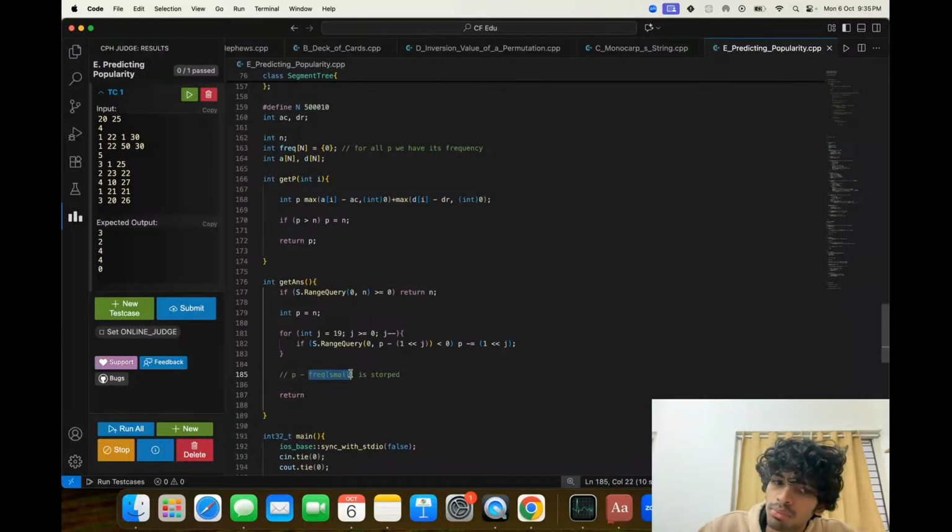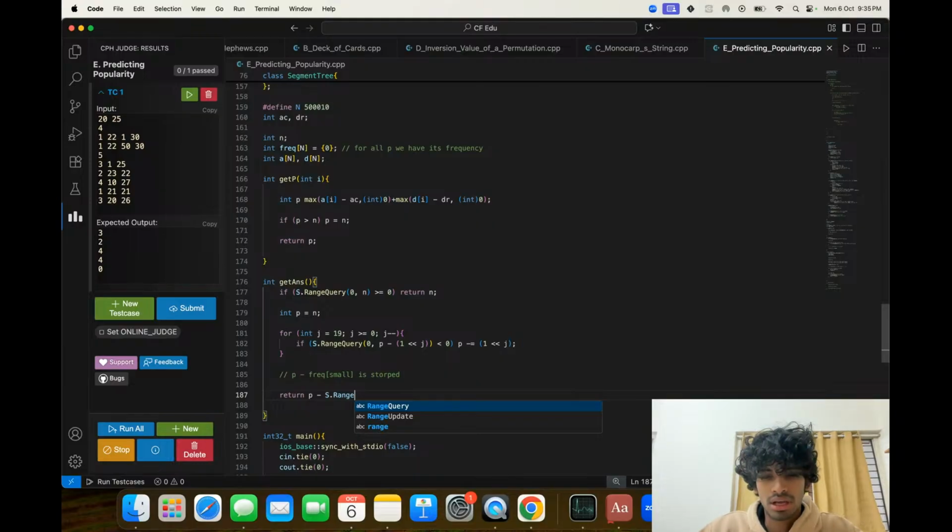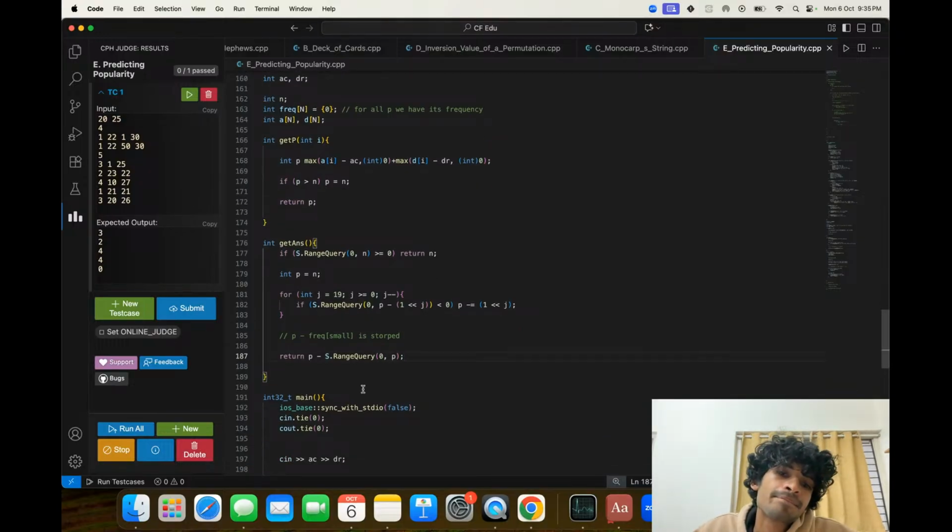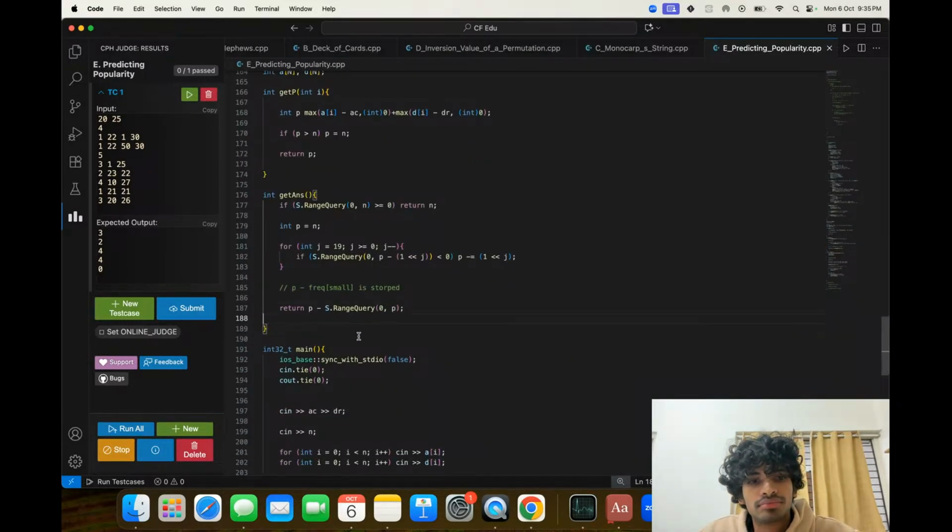We want the frequency of small because this is the answer. P minus s dot range. I'm not doing this thing well. I know I'm definitely not doing this well. This will give me the frequency of small and then we are done.